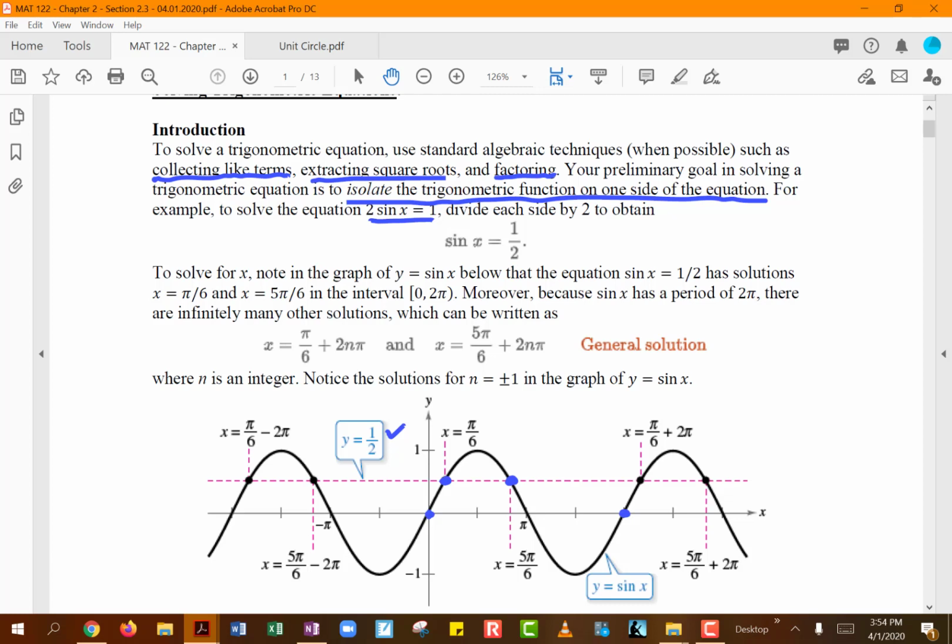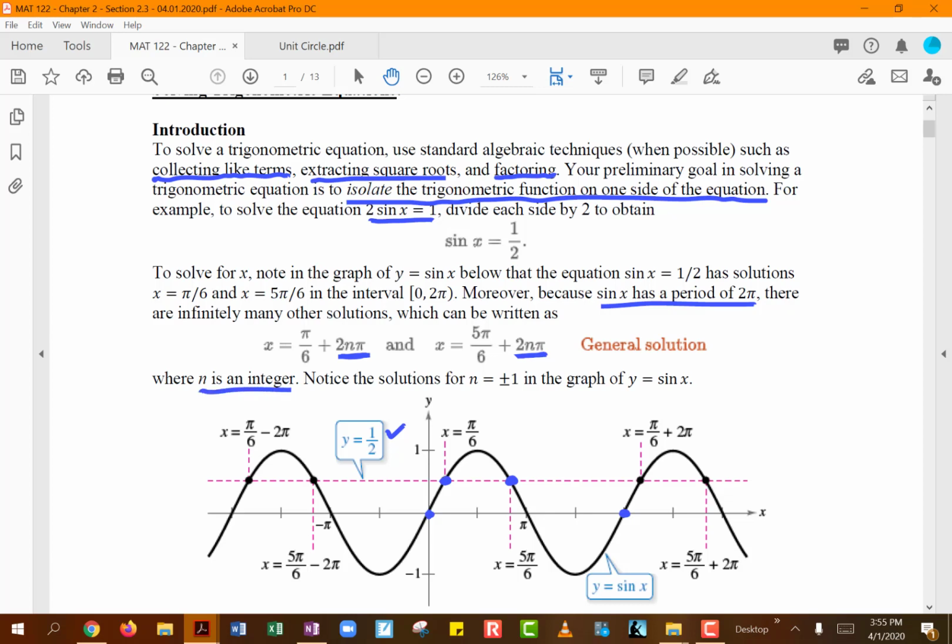But again, since sine of x has a period of 2 pi, you can think about these as going through those rotations, what we call coterminal angles. That's why you can have an infinite number of solutions if you add multiples of 2 pi to both of these angles, where we're using n as an integer value.